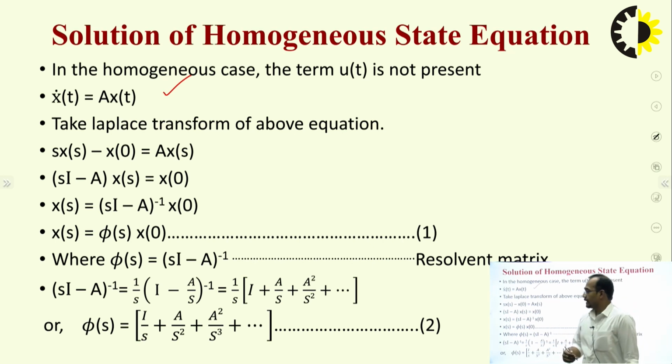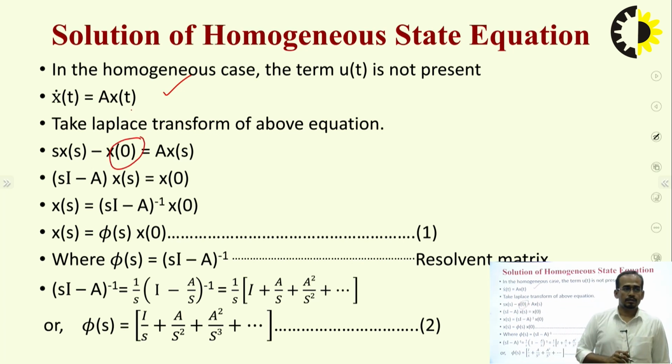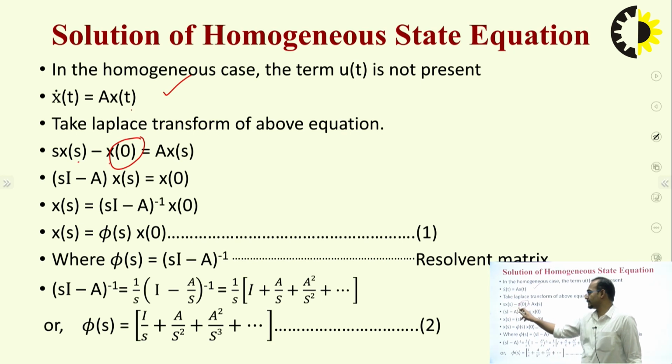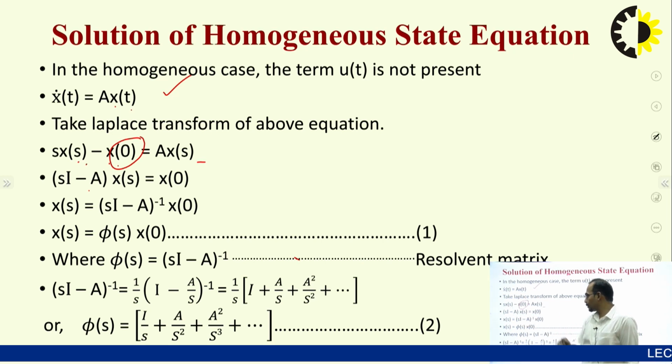For finding the solution of this, I will again take the Laplace transform. I am not considering here initial condition 0, so I am including the initial condition. As you know, the Laplace transform of the derivative of any variable will be sX(s) minus x(0). Now sX(s) minus x(0) is equal to A into X(s). So again you can write (sI minus A) X(s) is equal to x(0).